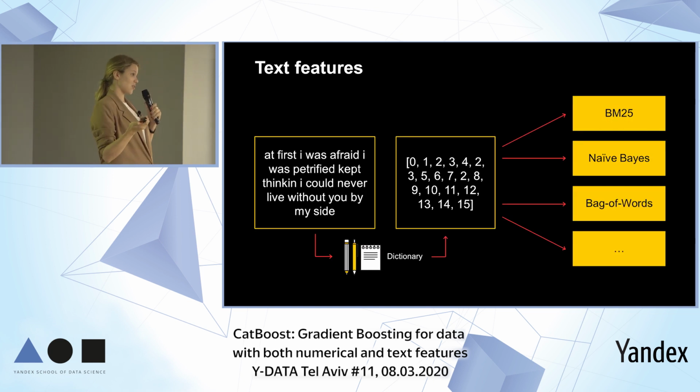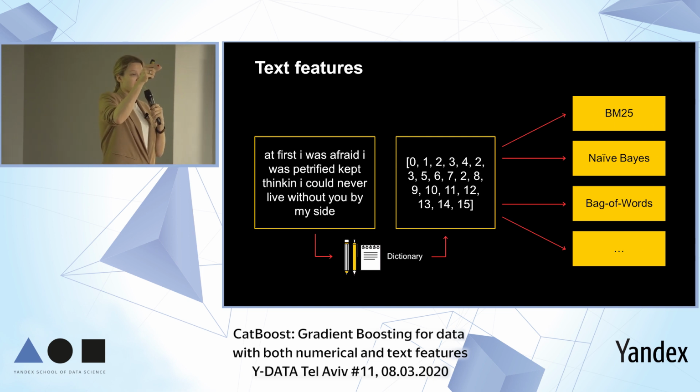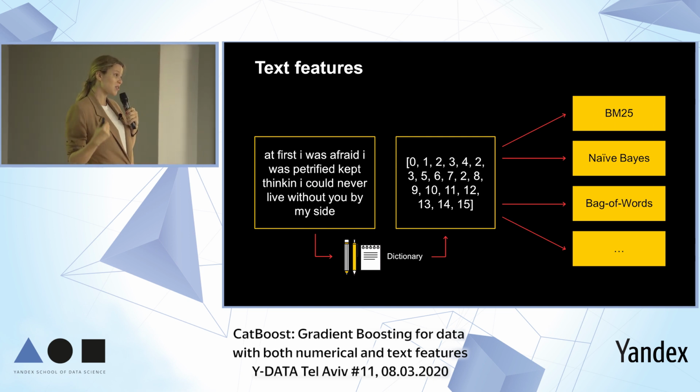Next thing is text features. So currently, starting from like a couple of releases ago, we do have text support. Now what you can do, you can have a data set where you have numerical features, categorical features, and text features. And you just pass it to CatBoost, and you have your model. How does it work?